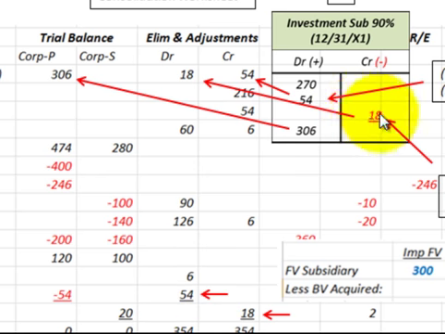And then the $18,000 dividend, the credit, we would debit our investment in the sub for $18,000, and then the balancing amount goes to dividend declared for $18,000. So by reversing out these income and dividend amounts, we've brought this $306,000 amount back to $270,000.